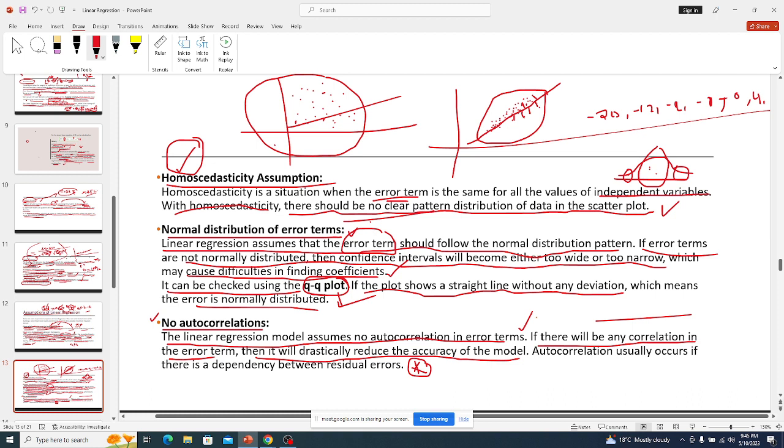And basically autocorrelation usually occurs if there is a dependency between the residual errors, or between the error terms. If they are depending on each other, then it means we have autocorrelation.